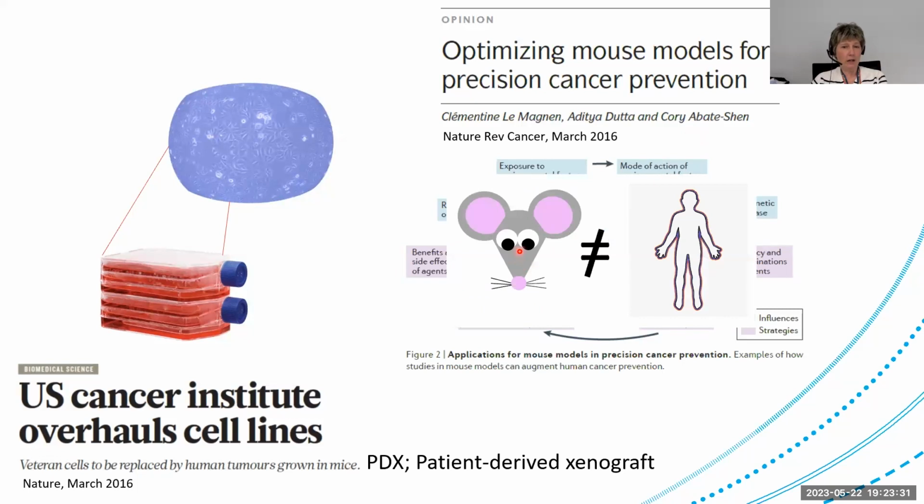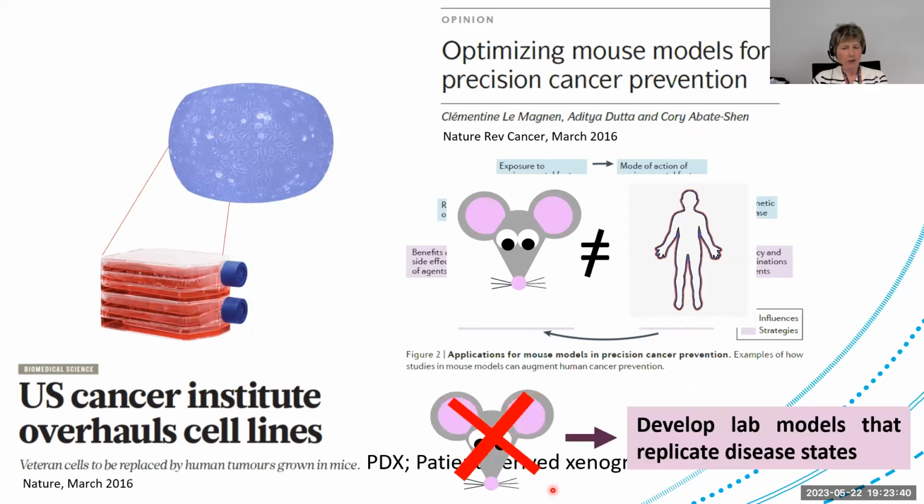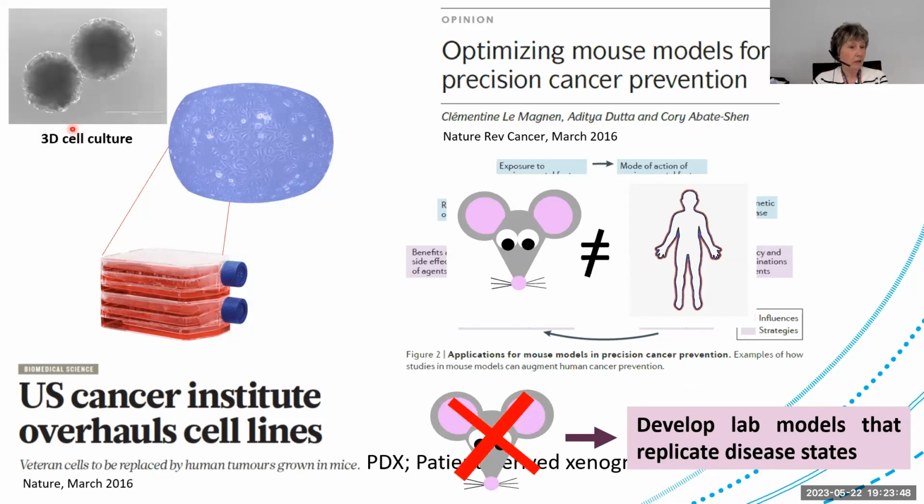Because, of course, we know that a mouse is not equivalent to a human. So why would we be using patient-derived xenografts? Why should we instead consider developing lab models that replicate the disease states? For example, the 3D cell culture models that I described earlier might have been a better approach.